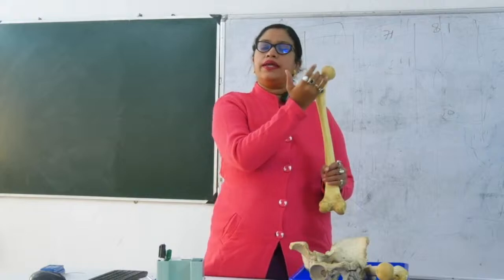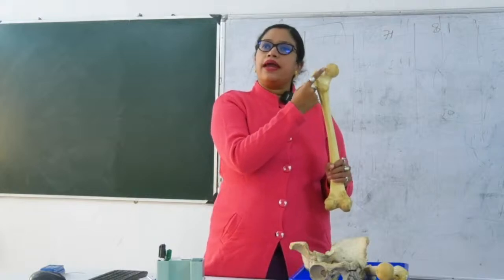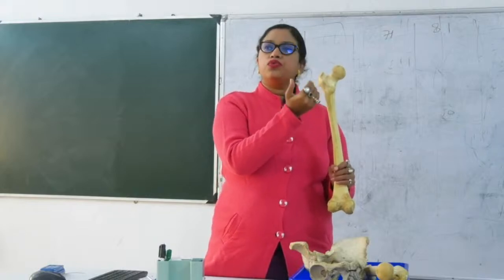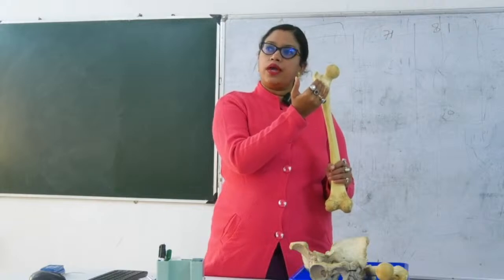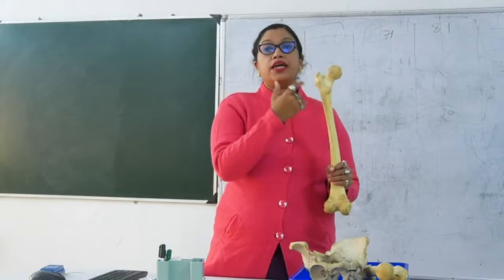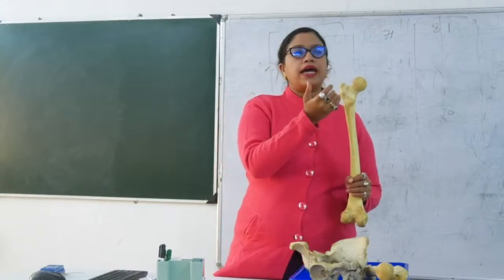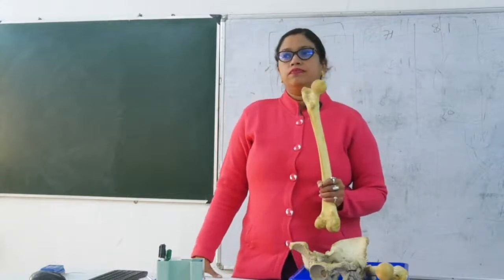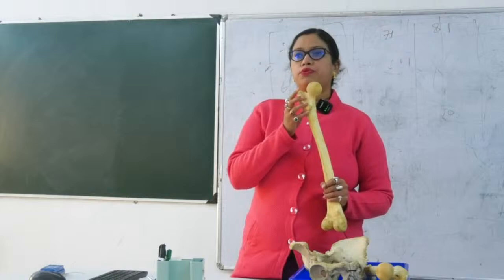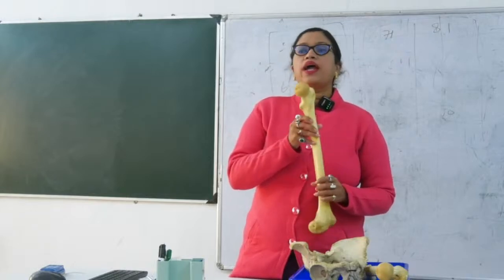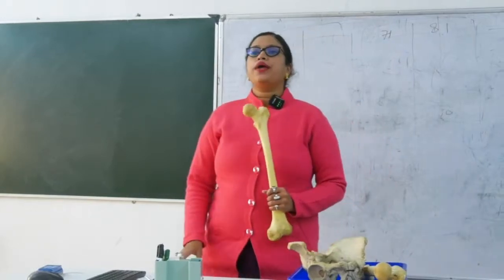The medial half is towards the head and the lateral half is towards the trochanter. This medial half is intracapsular, but this lateral half is deficient. There is no capsule. So write it down about the capsule of the hip joint.